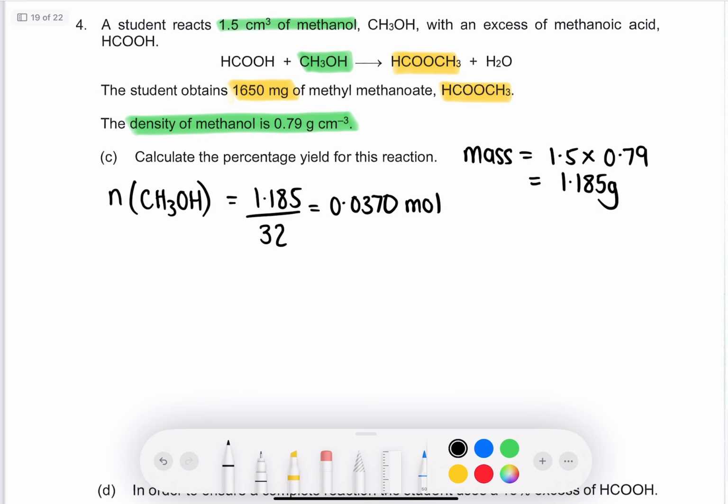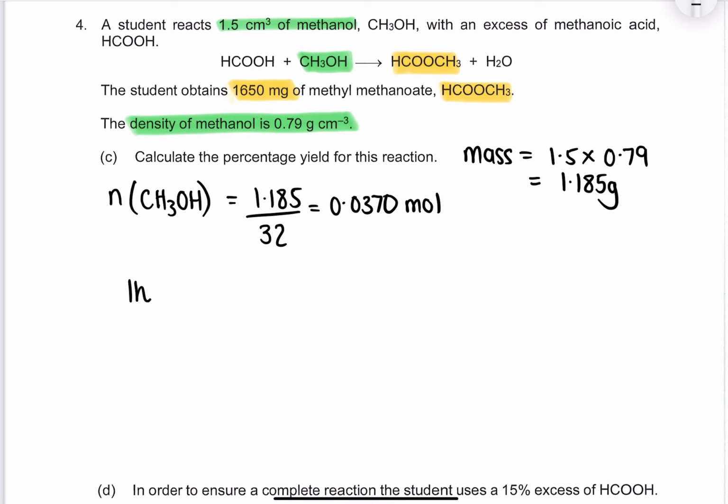Now the ratio is 1 to 1, so our theoretical moles of methyl methanoate is also 0.0370 moles.